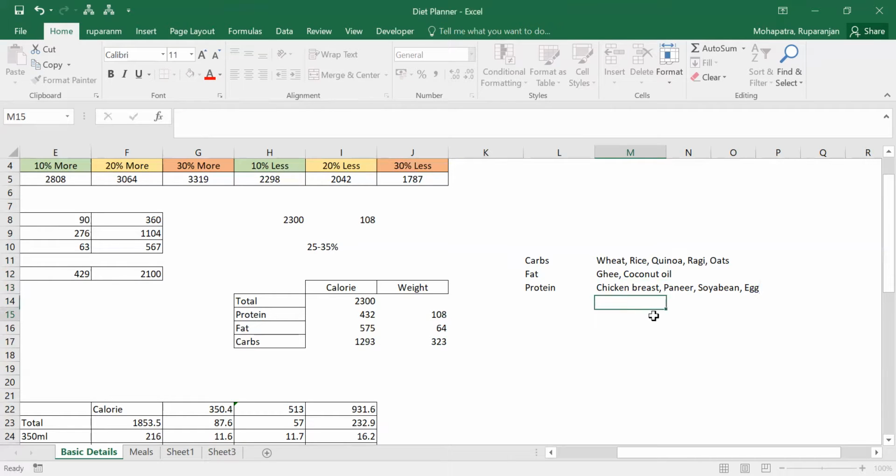If we can't complete our protein from these sources, or even in dal we have some amount of protein along with carbs, we can take that. If we are not meeting it, then we can take whey protein. That is optional, not mandatory, but we can take it as an addition if we are not meeting our criteria.